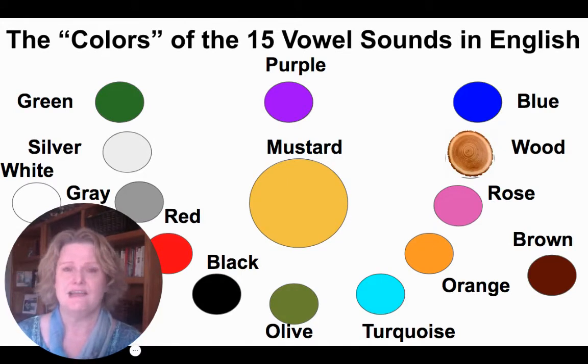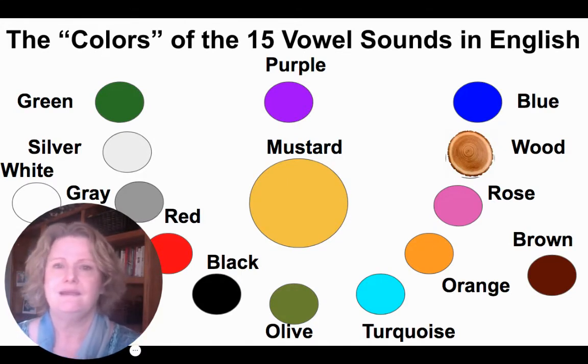So here they are again. Repeat after me. E, green. E, silver. Gray. A, white. I, red.